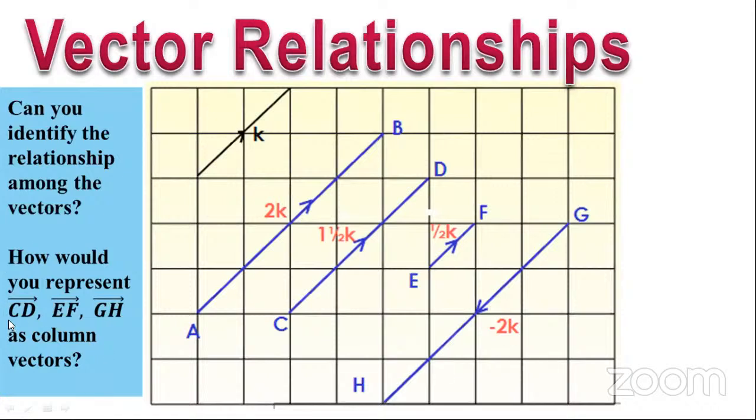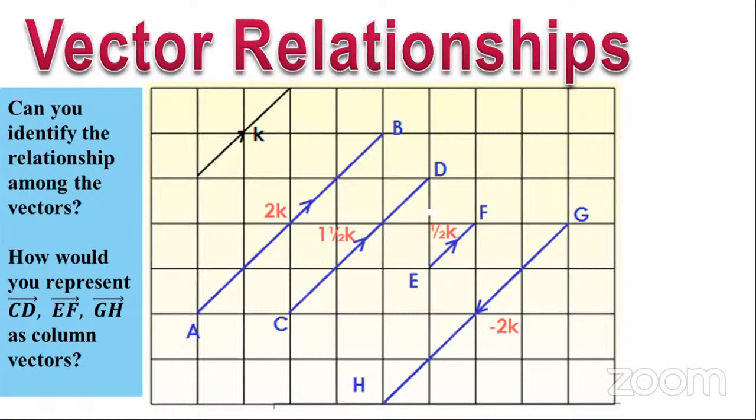So students, the vector CD, how would I represent that column vector? How could we represent that column vector quickly? We need the responses quickly. All right, no problem.